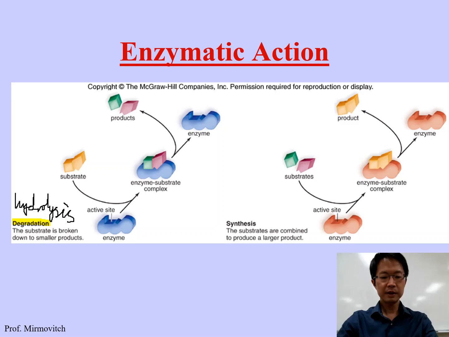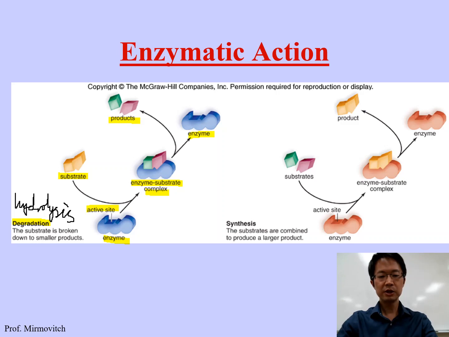So what happened in here is that our substrate is like a polymer, and it binds to the active site of an enzyme, and then you will form something called enzyme substrate complex. During this stage, the enzyme will speed up the breaking down of this polymer, and then you become product. Product will be the monomers.